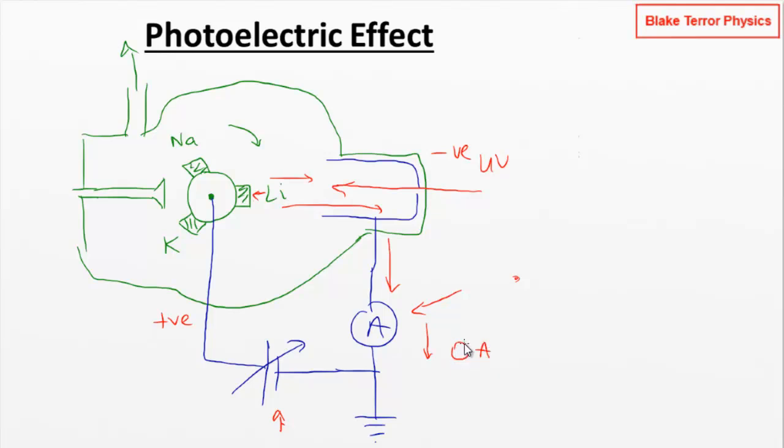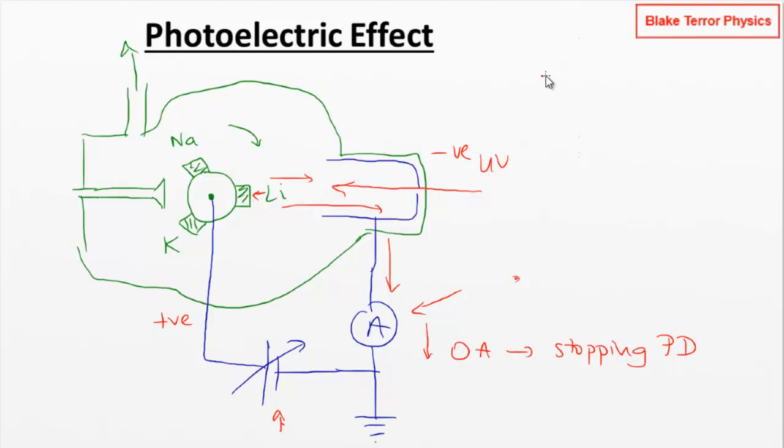This is what we're doing. We've then got our stopping potential. When we've got 0 amps, we've got some stopping PD. And that is going to tell us about the maximum kinetic energy of these electrons that are being emitted.